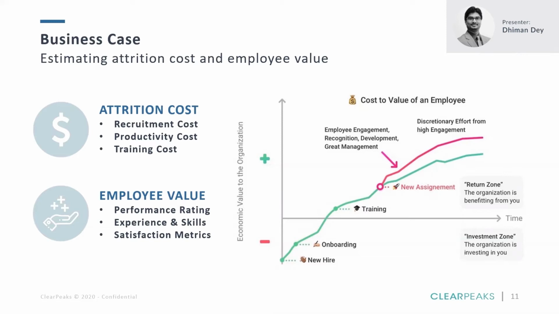Again, situations might be different from organization to organization and team to team, but on a broad scale it can be different performance ratings, the experience and the skills that they bring into the organization, and the different job satisfaction metrics, like how is your relationship with your teammates, how is your relationship with your line manager? How is your overall job satisfaction or work-life balance?